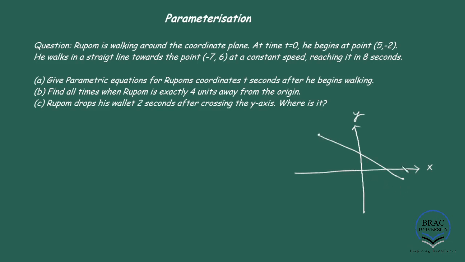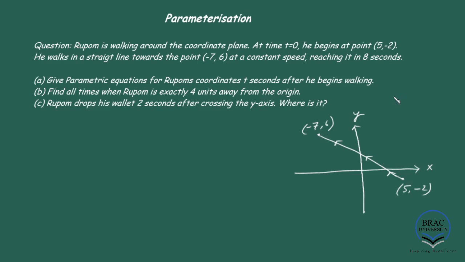For example, this point is (5, -2), and this point over here is (-7, 6). These are the 2 points. This is Rupam's starting point, and he's walking in this direction. Right? So he's starting from here going to this point. And the time it takes for Rupam to go from this point to this point is 8 seconds.